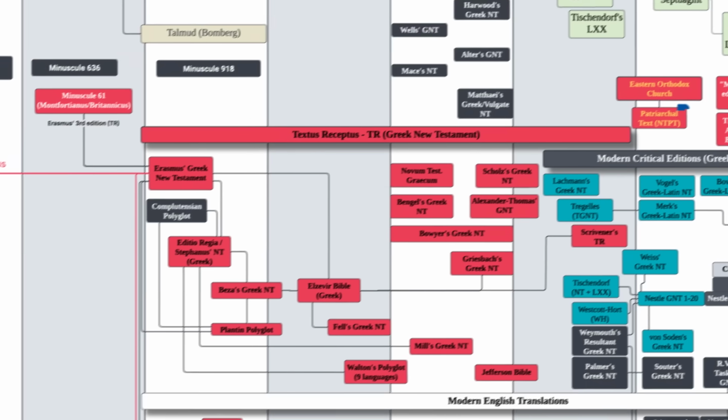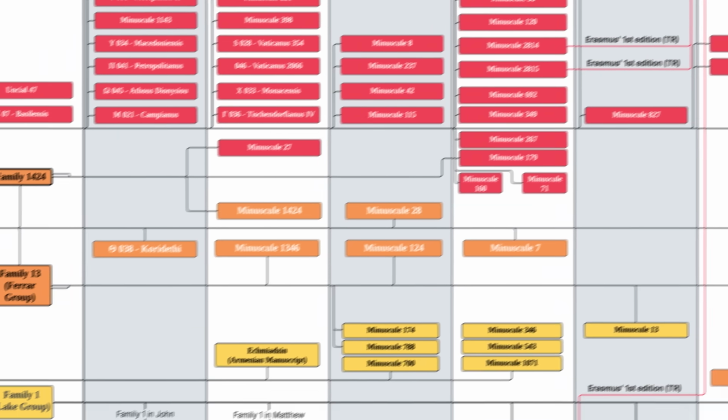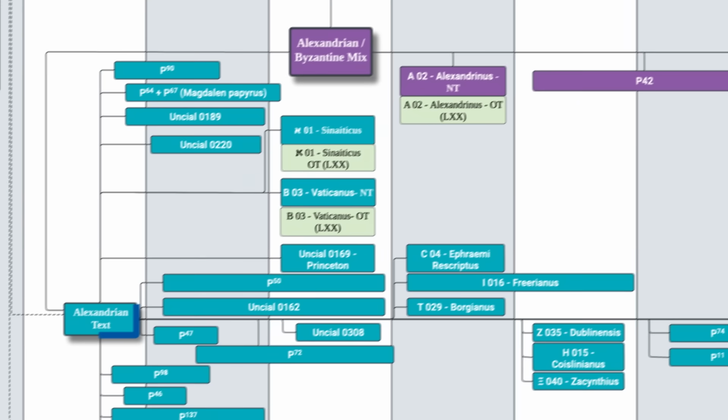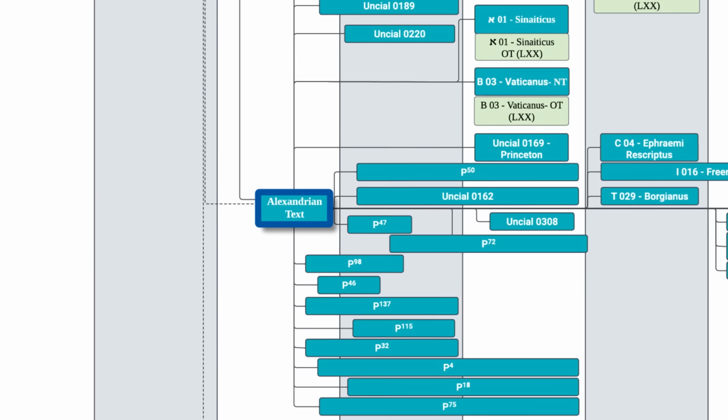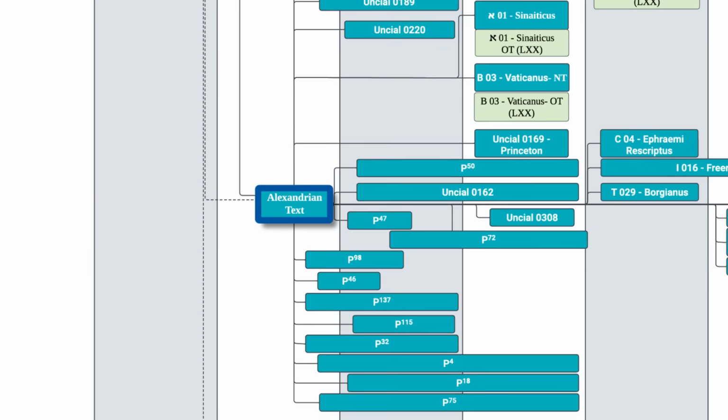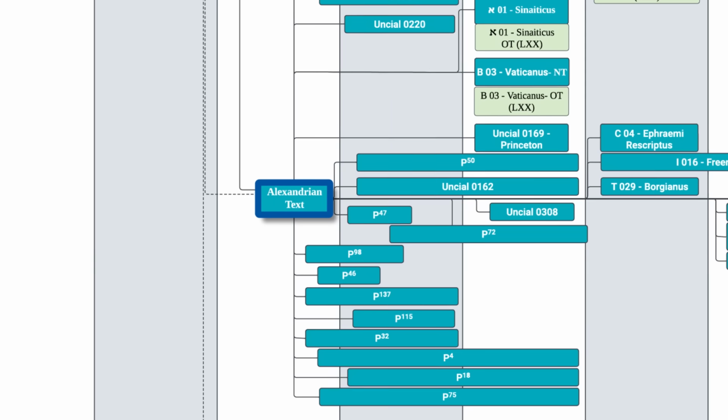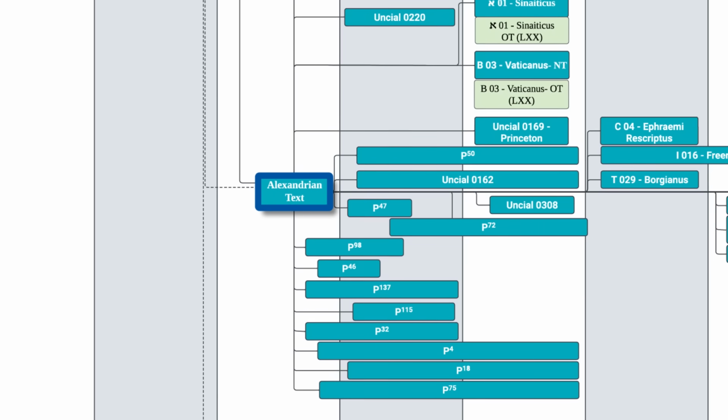Okay, let's now take a look at the third major text type, the so-called Alexandrian text. Because Alexandria was only a predominantly Christian city for about 200 years, most of the copies of the New Testament from this region were lost.